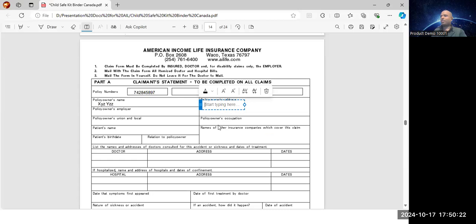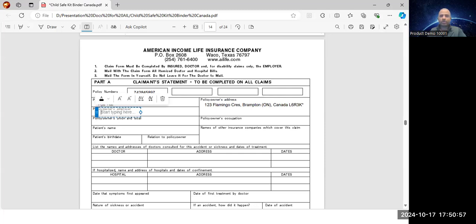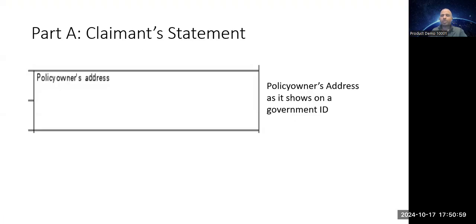Let's say in this case, your policy owner's address is 123 Flamingo Crescent, Brampton, Ontario, Canada, with the postal code L6R 3K and whatever the last digit is. Okay. So that would be your address. Again, this address is for the policy owner.